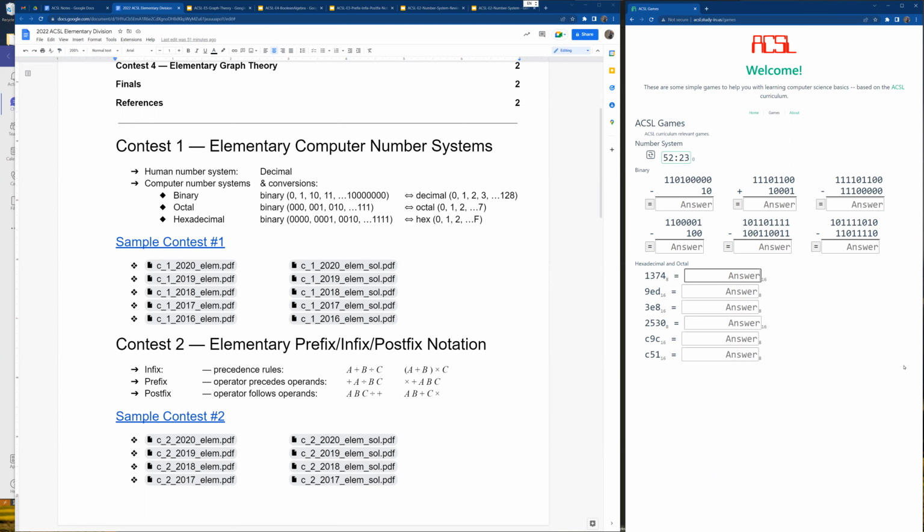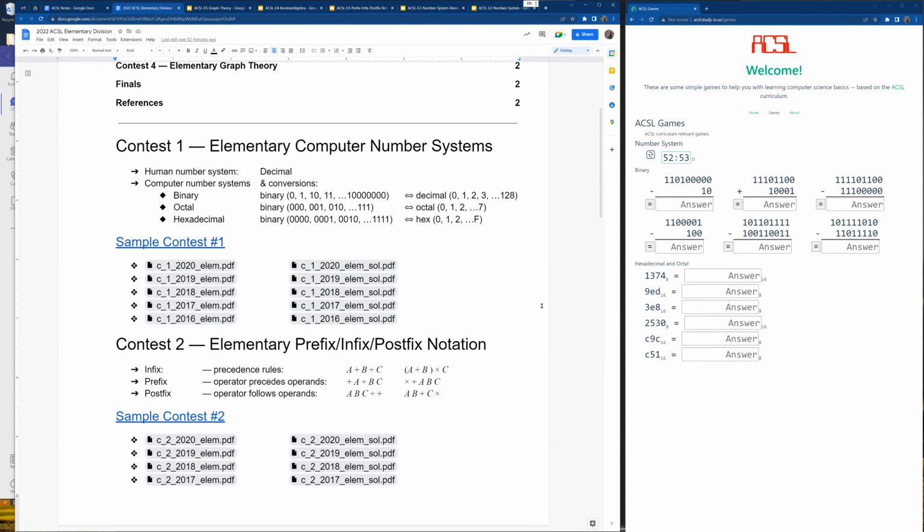But the thing is that you do need to remember these conversion tables or simple number conversions, like binary to decimal: 0, 1, 2, 3, and then 4, 8, 16, these numbers. You need to remember these so you can do things a little faster.